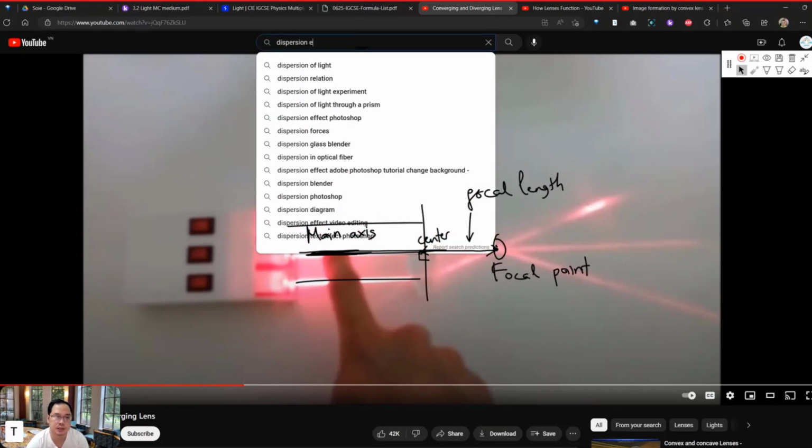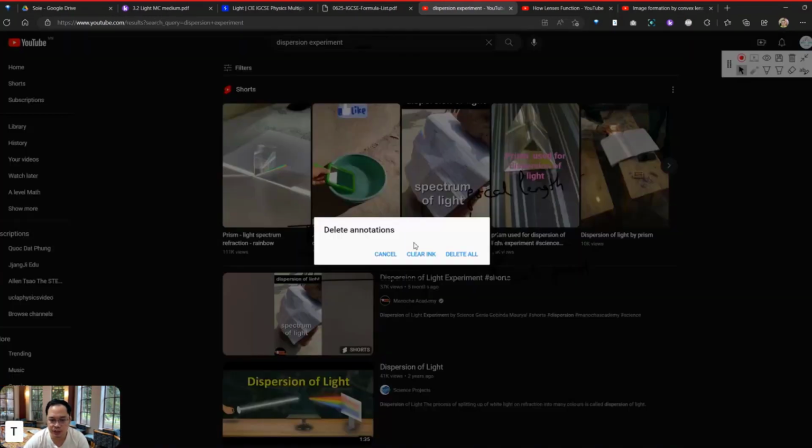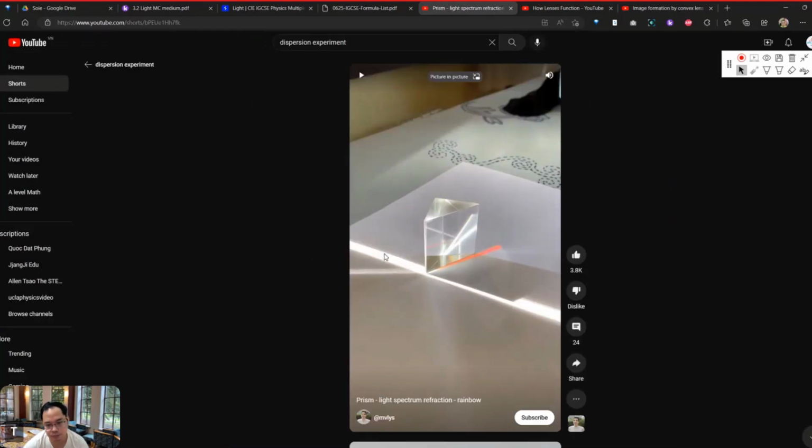Dispersion experiment. The formation of the rainbow. Okay, we have a glass prism here. A glass prism put on the path of a light ray from the sun.